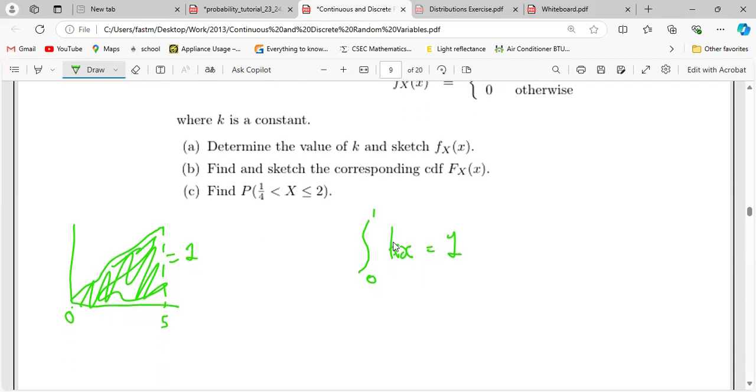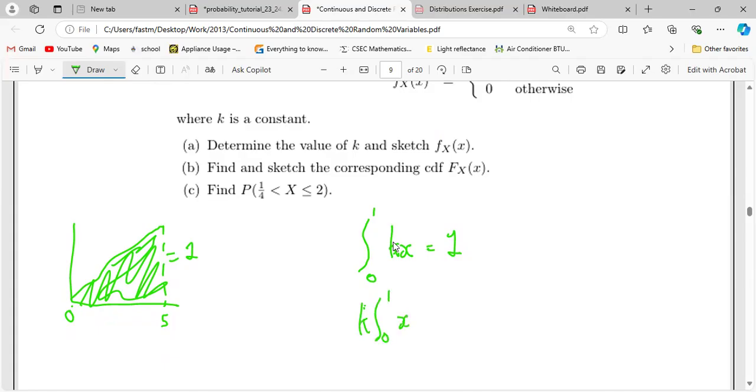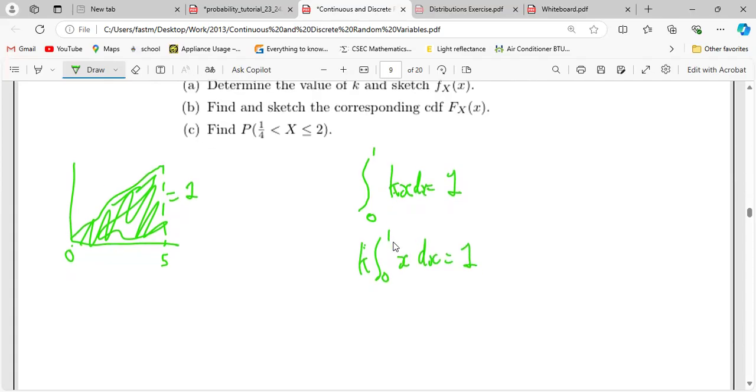That's usually normal calculations. So if I integrate this, the k pulls out, you get k times the integral of x dx, equal to 1. The integral of x is x squared on 2.